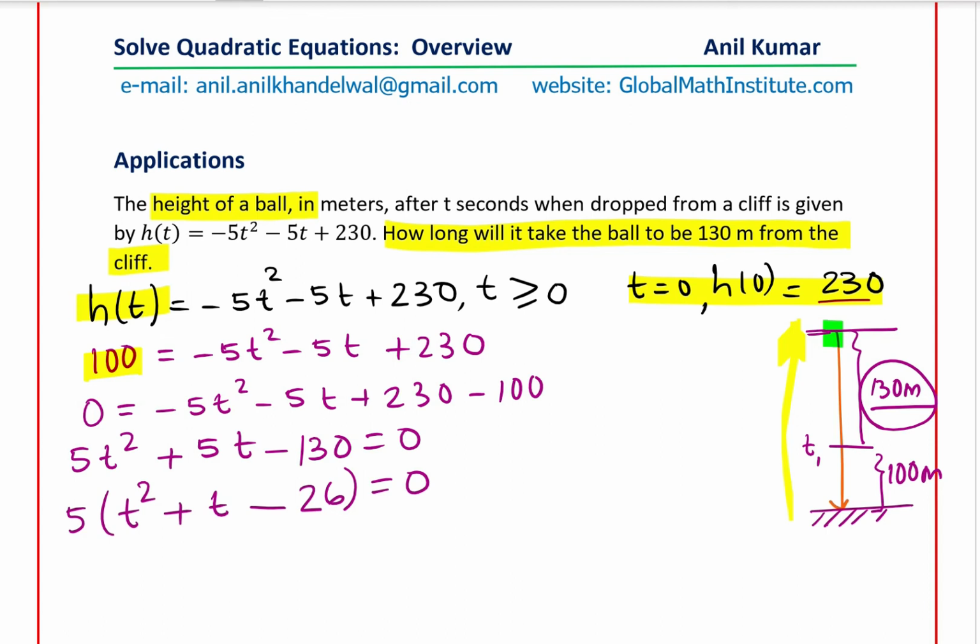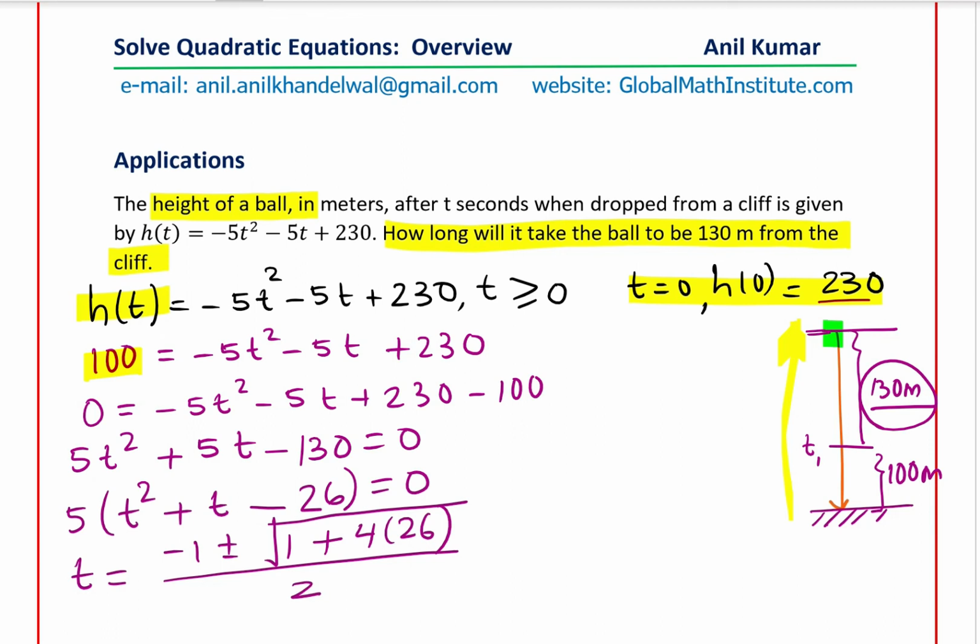Now, if you try to factor this, you cannot really factor with integer numbers. So we'll use the quadratic formula to find t, using the formula which we used in the previous example. We can say t equals minus 1 plus or minus the square root of b square minus 4ac. Because c is negative, it becomes plus 4 times 26, divided by 2.